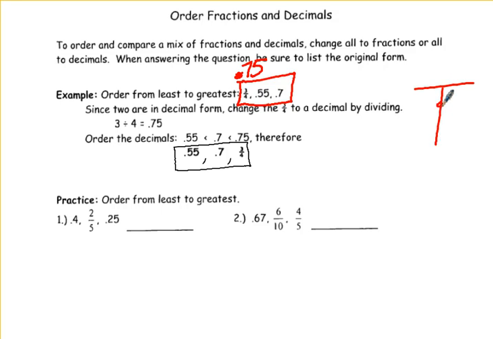Use your T-chart, 75/100, 55/100, and 7/10, put in your 0 to make them easier, and then you can see that they said least to greatest, so this would be your first, second, and third. Now, when you answer the question, put them back in the original form, 55/100, 7/10, then 3/4.